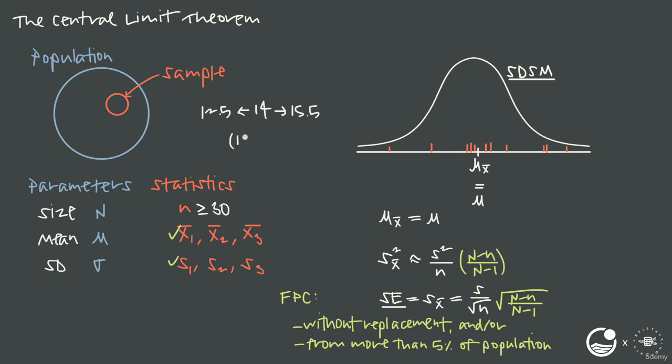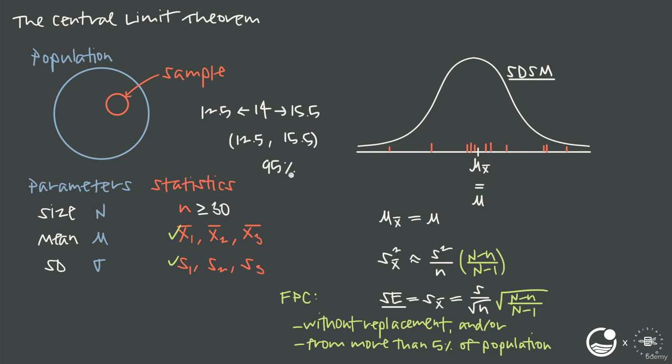And so we end up with this interval of 12.5 to 15.5, and we might be able to make a statement along the lines of, we are 95% confident that the population mean falls somewhere in the interval 12.5 to 15.5, which of course is a very powerful kind of conclusion.